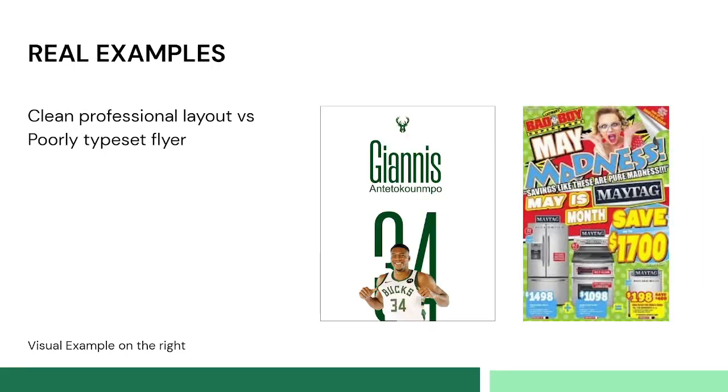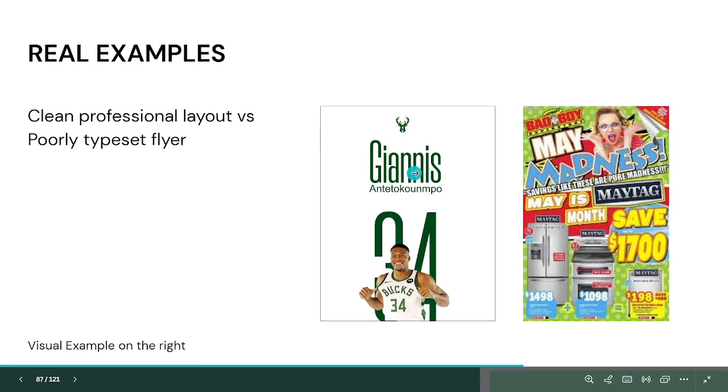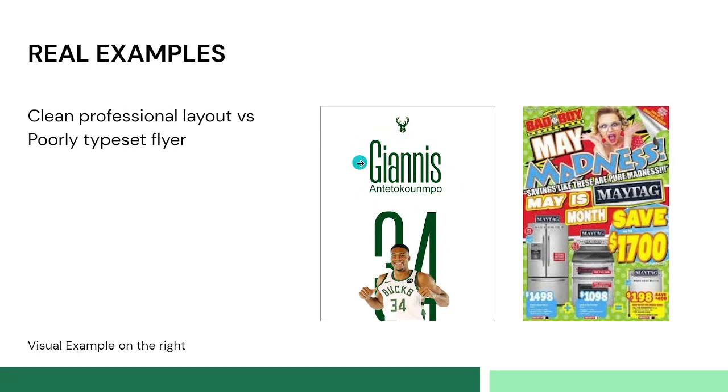So there are two real life examples here. We have a clean professional layout versus a poorly typeset flyer. And this is Giannis Tokumbo, a basketballer. Looking at these two designs, we can see that typography is being used properly here, and the design has white space around it, unlike here where the type is just placed randomly, and it's affecting how we view this design.